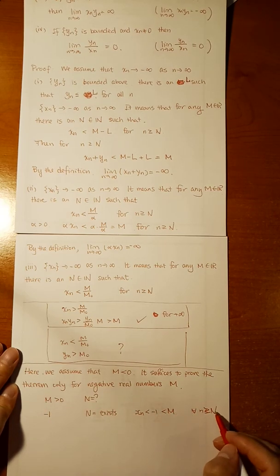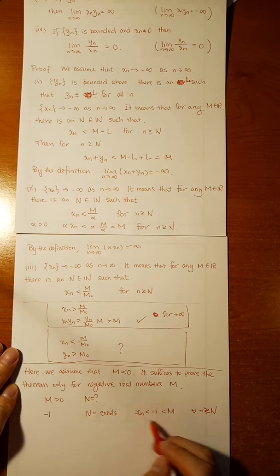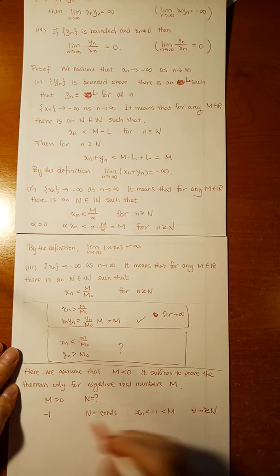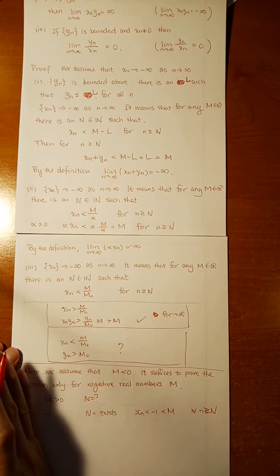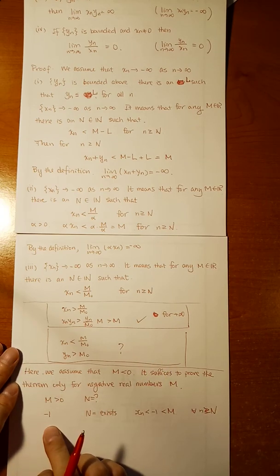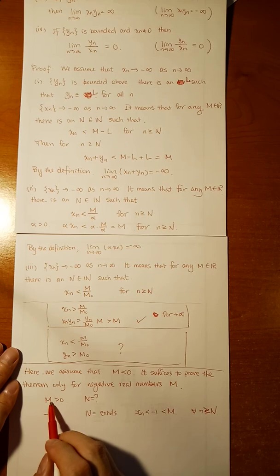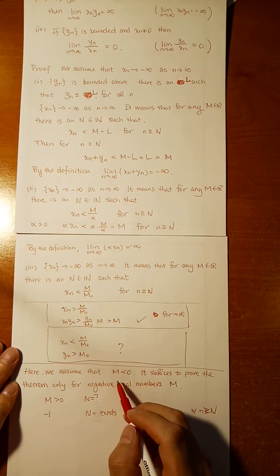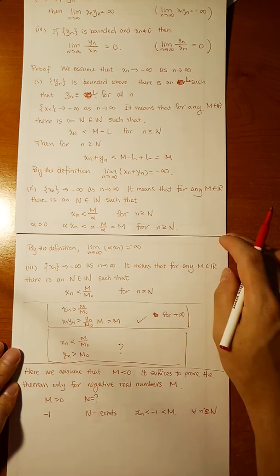So for the same N, xn will be less than capital M for n greater than or equal to capital N. You only need to prove it for some smaller number. Then for all the positive m's, this capital N will work. That's why we can assume m negative and go through the proof.